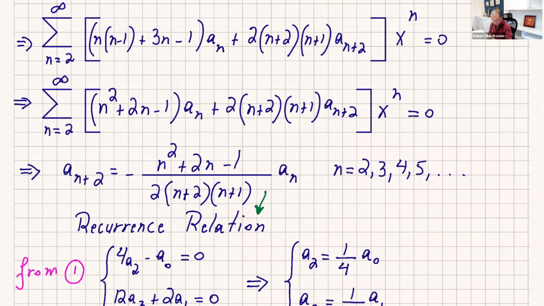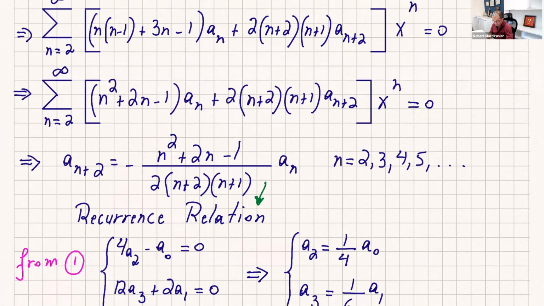So these are integers. If you take the coefficient and put it equal to 0, then you can isolate a sub n plus 2, because what we want is a recurrence relation, and you get a relation between a sub n plus 2 and a sub n. And again, this is simple algebra, that's what you get.